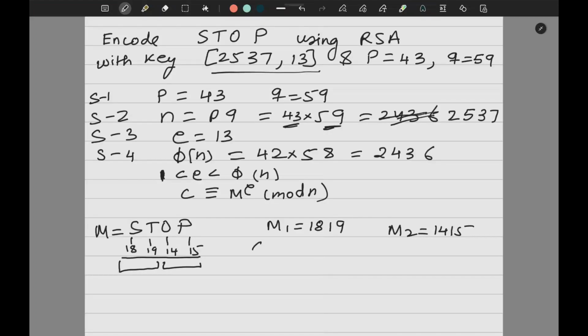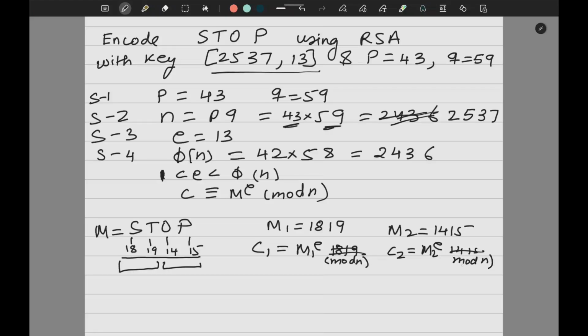Now I will find out C1, which will be equal to M1 to the power E, and also I will find out C2, which will be M2 to the power E. Sorry, not what I am writing. This has to be mod of n, and here also mod of n.